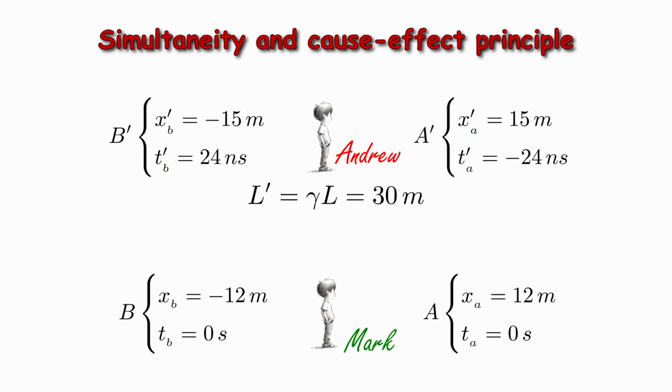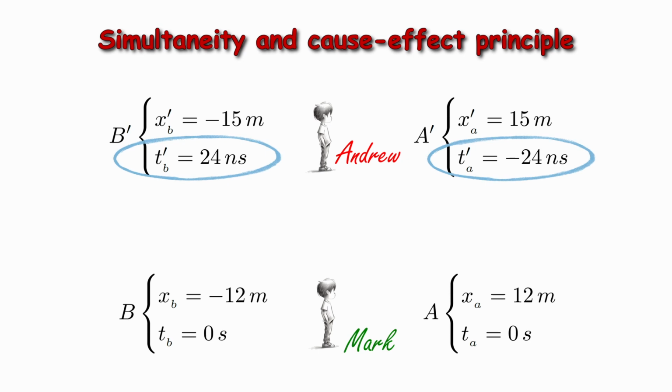Andrew sees the train as 30 meters long, a longer length than the 24 meters that Mark sees, for the simple fact that Andrew measures the proper length. Due to the phenomenon of length contraction, Mark measures a shorter length. As for timing, Andrew sees the two events happening at different times. First, the lightning occurs in front of the train, then the lightning occurs at the back of the train.